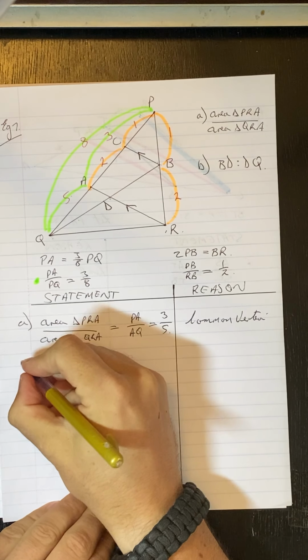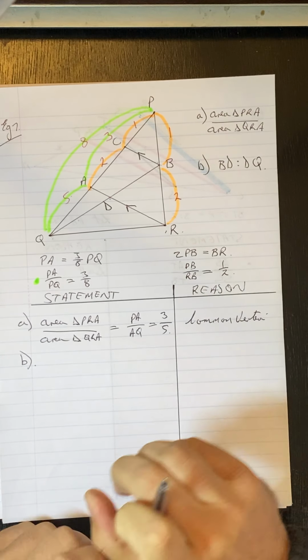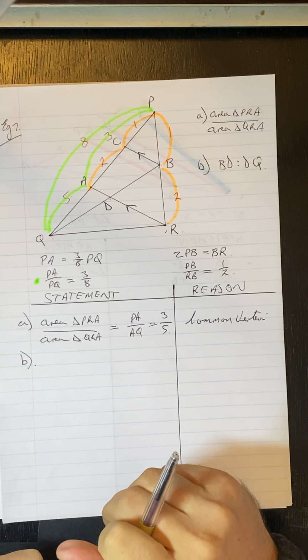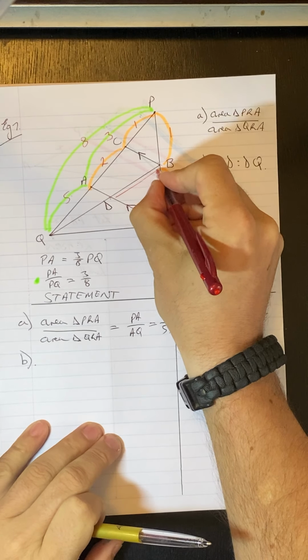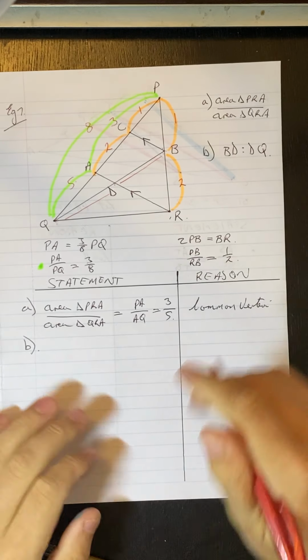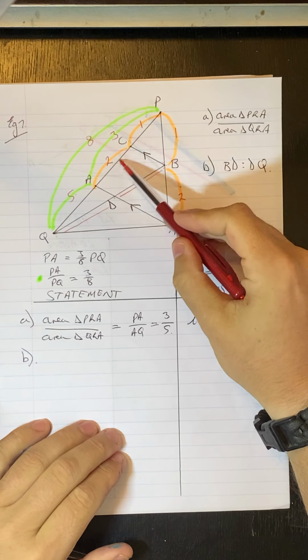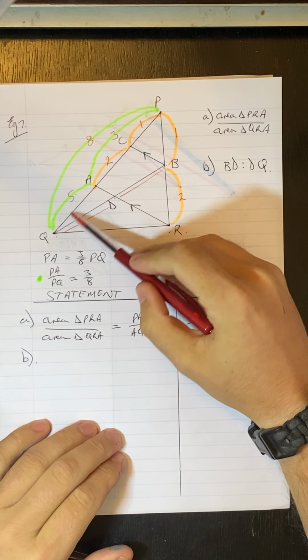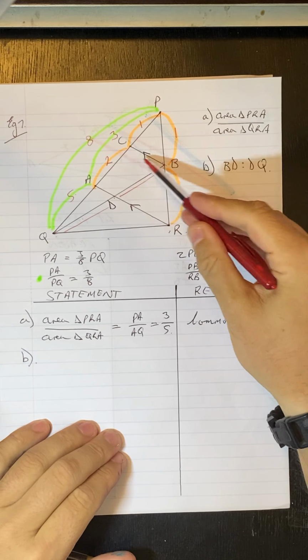Now, if we look at question B, right, so for question B, this is what we want. We want this BD to DQ. Okay. If I can find this ratio and this one, I've got this one to this one because this line is parallel.